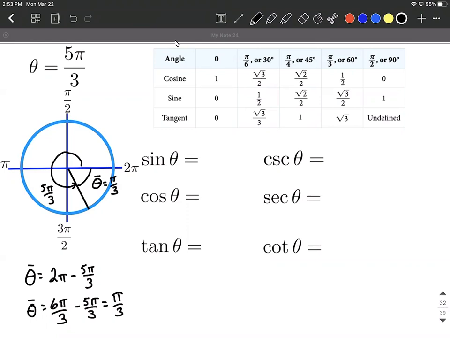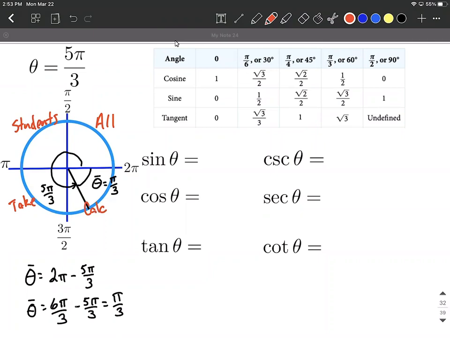Now we want to plug in the reference angle and evaluate sine, cosine, and tangent at it. But we want to be very careful that we get the correct sign. So I use the mnemonic device, all students take calculus. This helps us remember that in the first quadrant, all of them are positive.